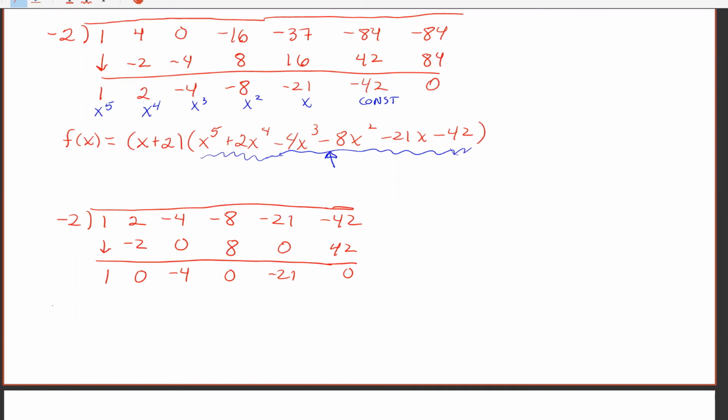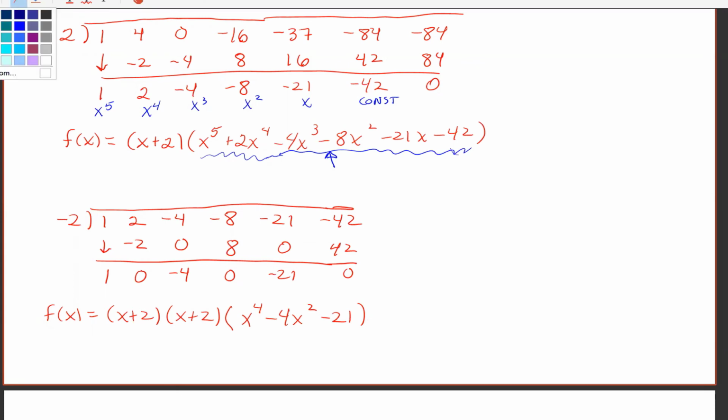So now f of x equals x plus 2 from up here, and then times another x plus 2 from this factor, and then times the quotient, which is x to the 4th plus 0x cubed minus 4x squared plus 0x minus 21.